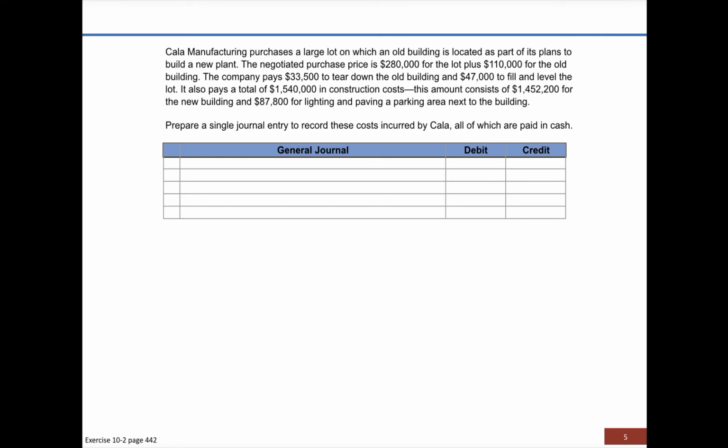So in this case, this one is a little bit more confusing than I probably would have written if I did it myself, only because we have this component that is actually going to go into land, that is us tearing down an old building that sits on the land in order for us to prepare the land for its intended use for us, which is building a new building.